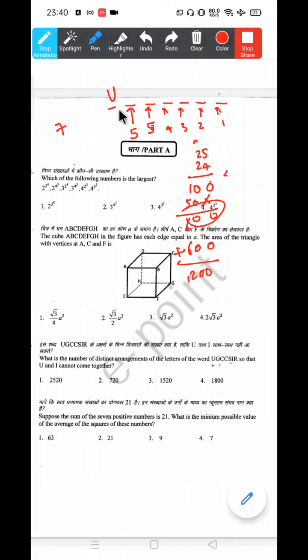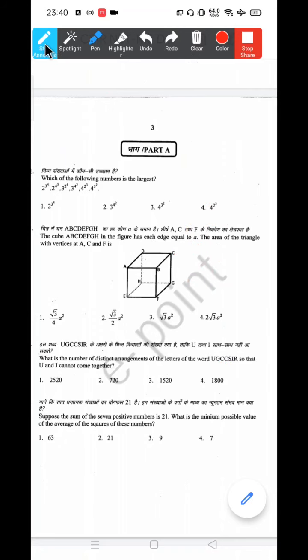See, if I take the repetition, one more thing: C is repeated twice. The distinct arrangements of letters of the word so that U and I can all come together. Okay, then I will skip that and go for the next one first.